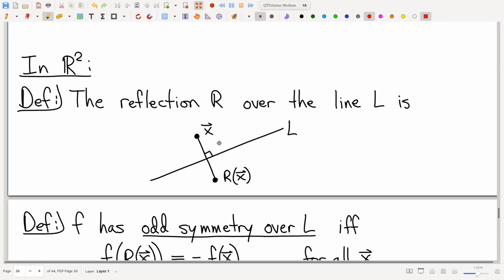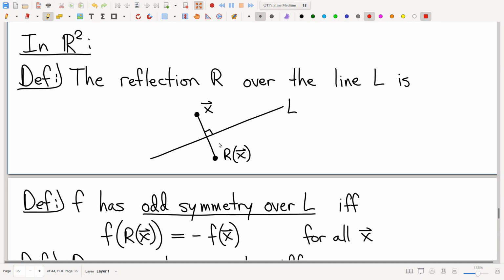Okay, so I just want to make the observation that you can do pretty much exactly the same thing in 2 dimensions. We just have to adapt these ideas appropriately. And the big idea is, instead of talking about an x value and its negative, we're going to talk about reflections over a line. And I appeal to your sense of the geometry of 1 dimension, that when you take a negative, you are in fact reflecting.